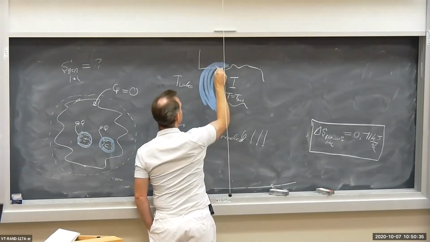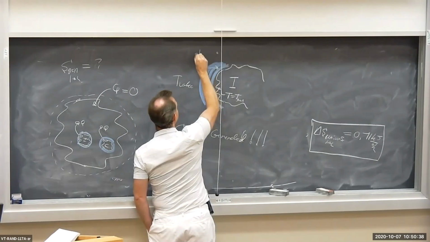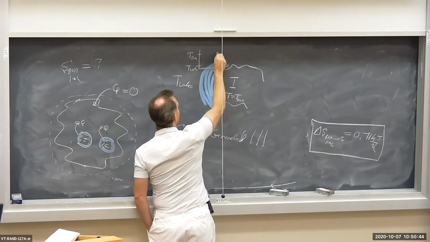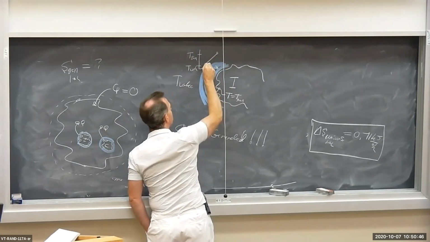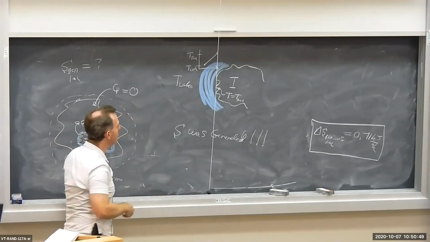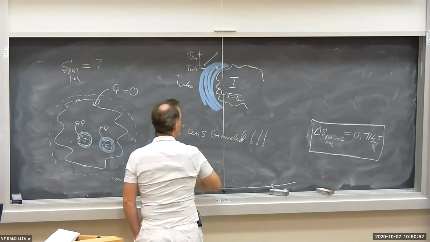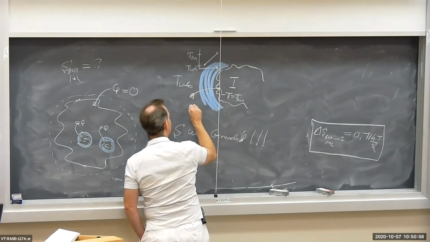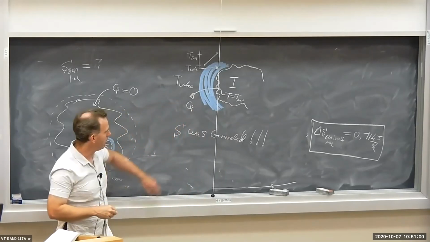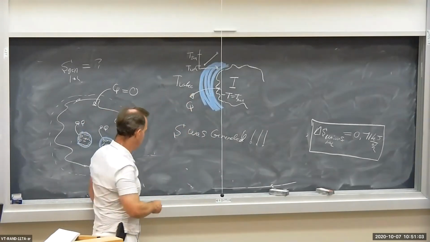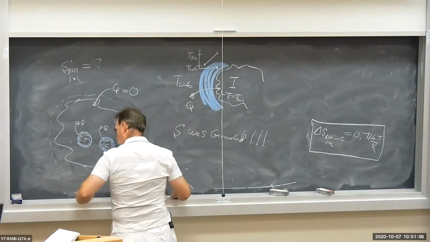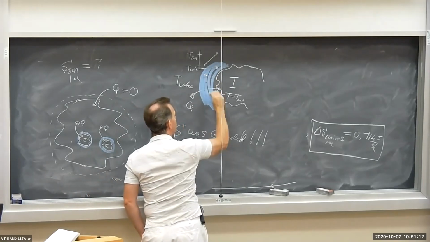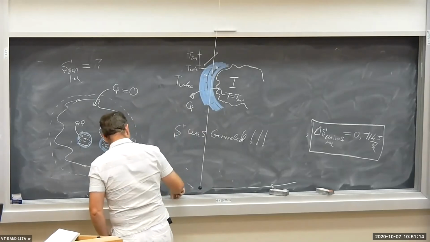Temperature starts off high, T iron, and falls to T lake through this transition region. Heat goes from hot to cold, so heat flows through the transition region from the hot iron to the cool lake, and entropy is being generated across this temperature jump. S is being generated in this transition region, this buffer here.